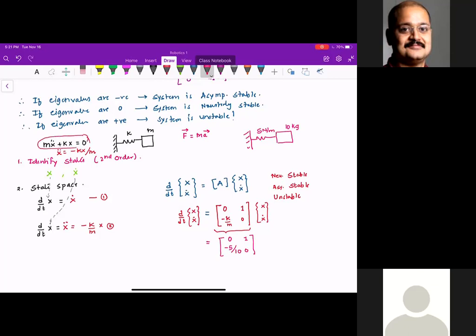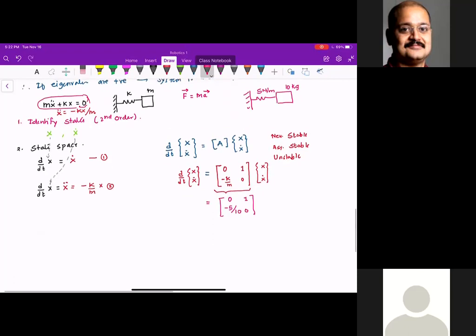Right. But what I'm saying is, before all that, when you have the matrix 0, 1, negative k over m, 0, how do we know that the 1 goes in that place and the negative k over m goes in that place? Okay, check this out. They are in the right spot. Bear with me for a second, let me answer the very first equation.